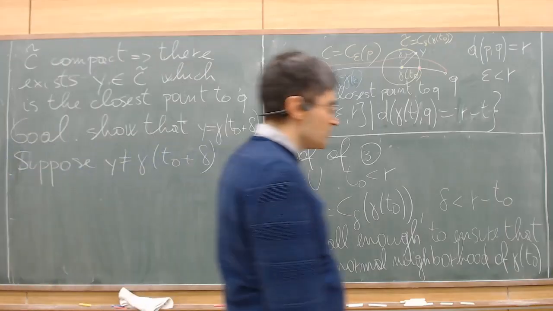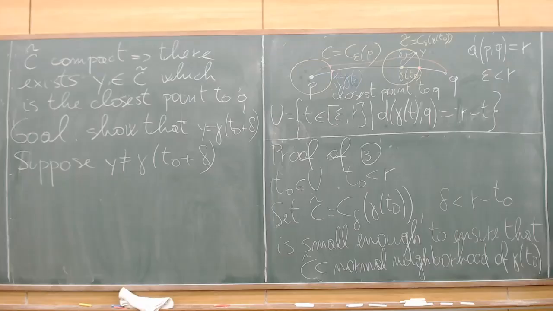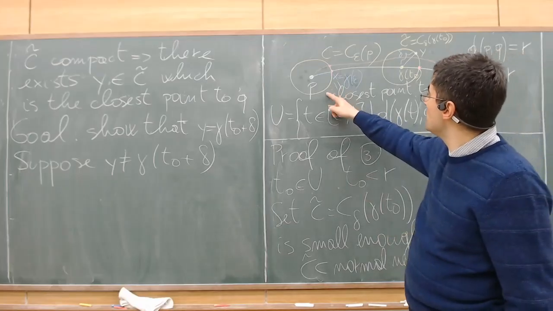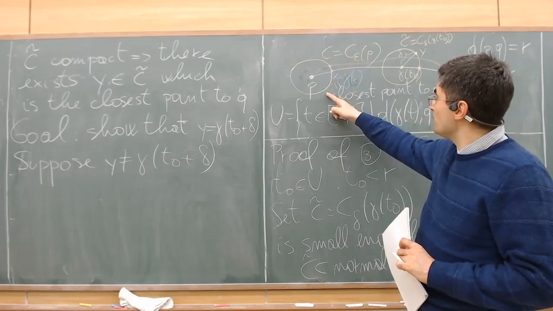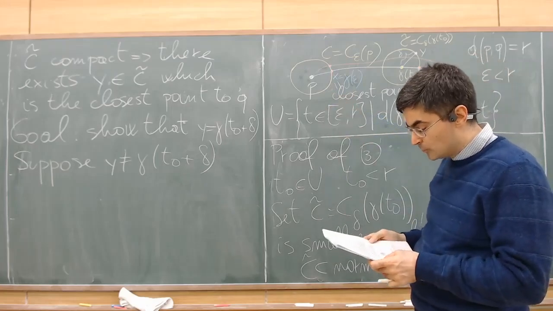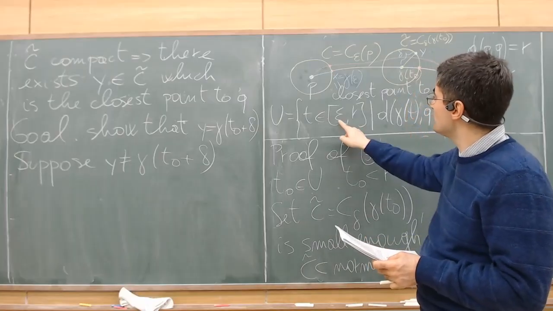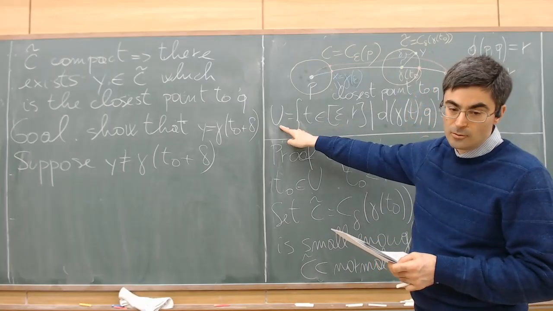And if this is not true, we can use the same argument applied before when we proved that epsilon belongs to U and U is non-empty.